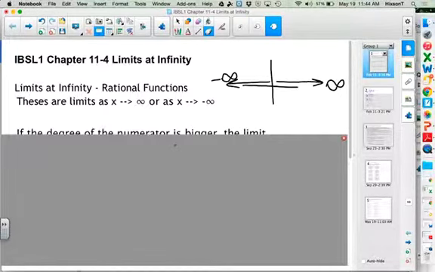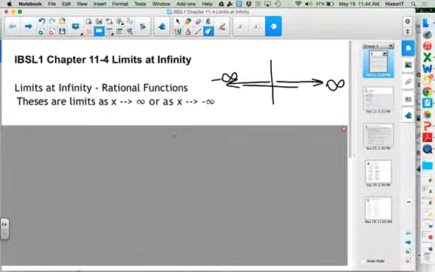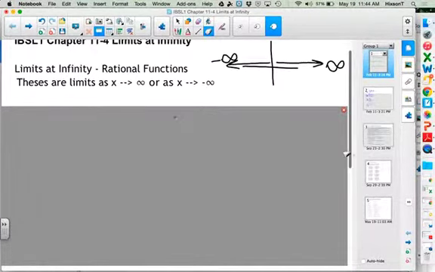So let's look at some basic rules, and most of these rules are most significant here when we're talking about rational functions. If you just think logically about functions that are not rational functions, a lot of those just make sense and you can figure them out pretty easily. We'll look at some of those too, but most of these rules apply specifically to rational functions.